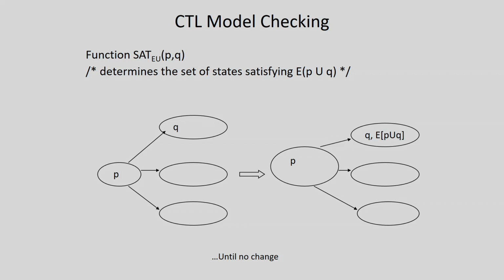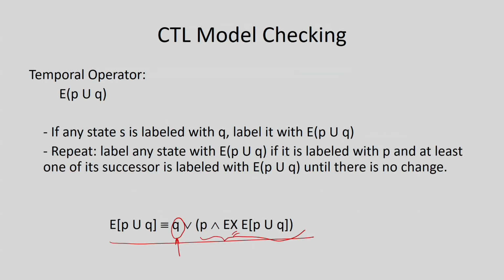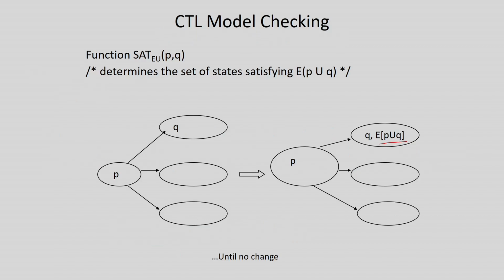Say in this particular case I have this particular labeling. Then you see Q is true over here. Since Q is true over here, I can very well mark this state as E[P until Q]. Then what will happen now?